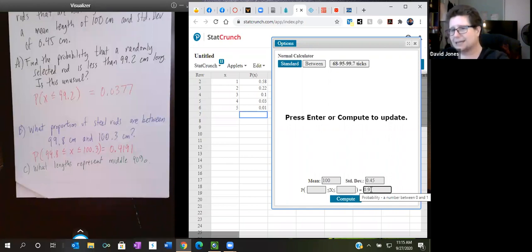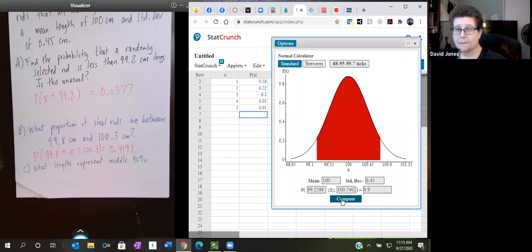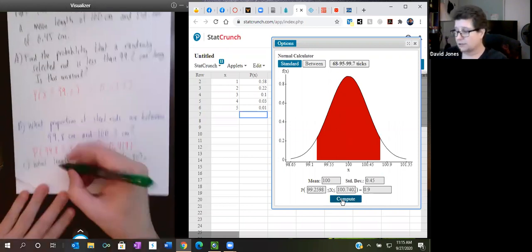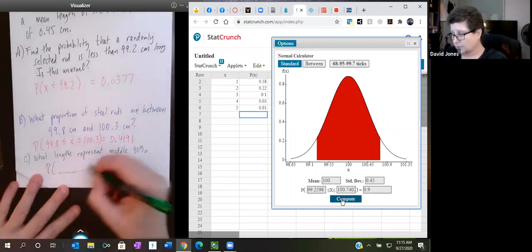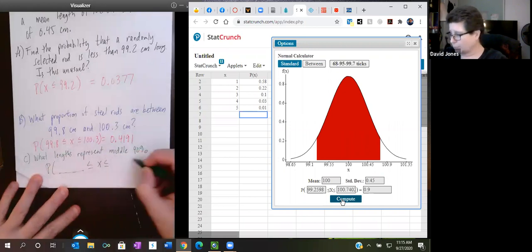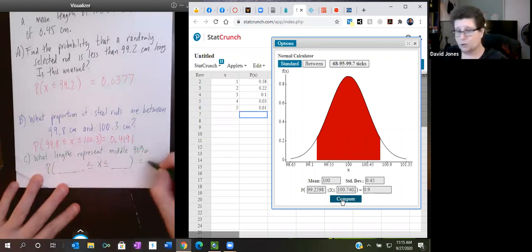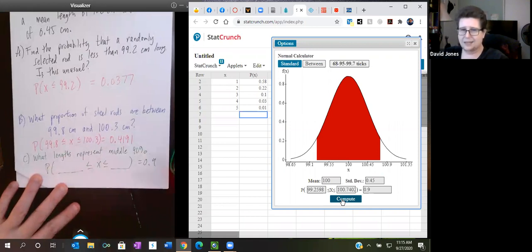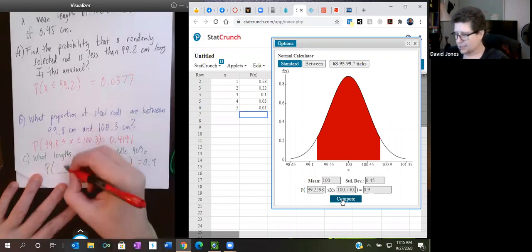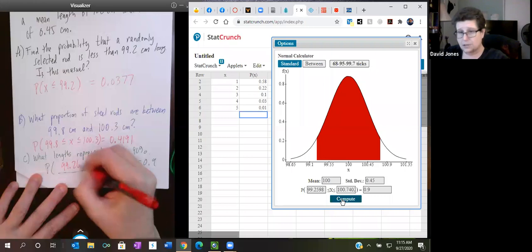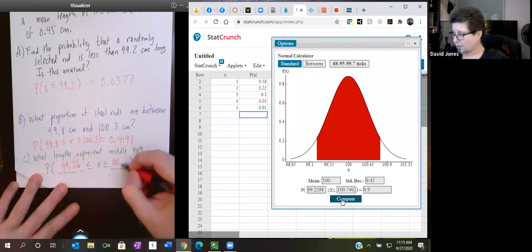If I put a number outside that region, it's going to say error. As soon as I type in a number over here rather than over here, it blanks out these ones. That's pretty handy. And then it gives me the values. So less than or equal to X, less than or equal to blank, equals 0.9. And it tells me 99.26 to 100.74.